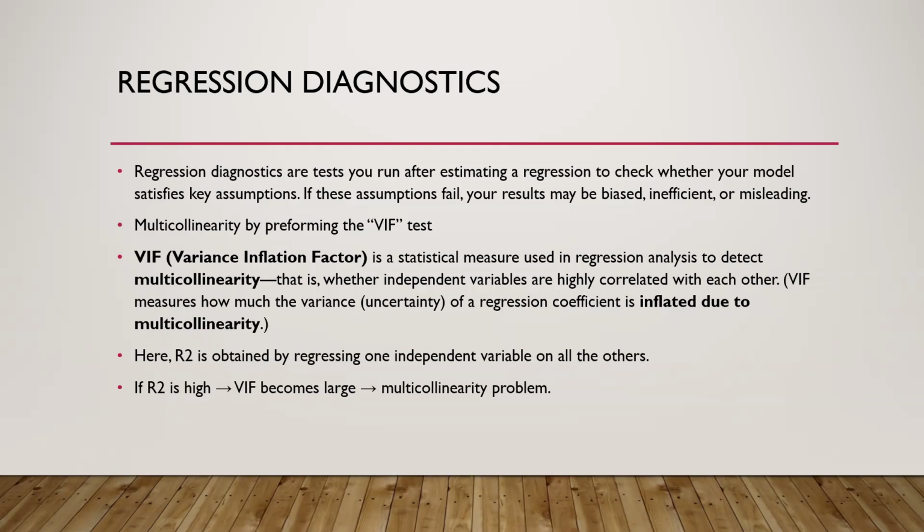Now, there are some ways you check. The first one is you check for multicollinearity by performing the VIF test. The question is, what is VIF? That is variance inflation factor. When you run your analysis, it's important to perform the variance inflation factor. It's a statistical measure used in regression analysis to detect multicollinearity, that is whether independent variables are highly correlated with each other.